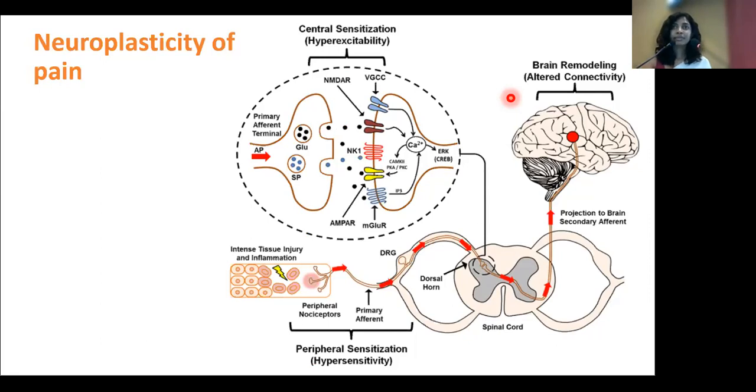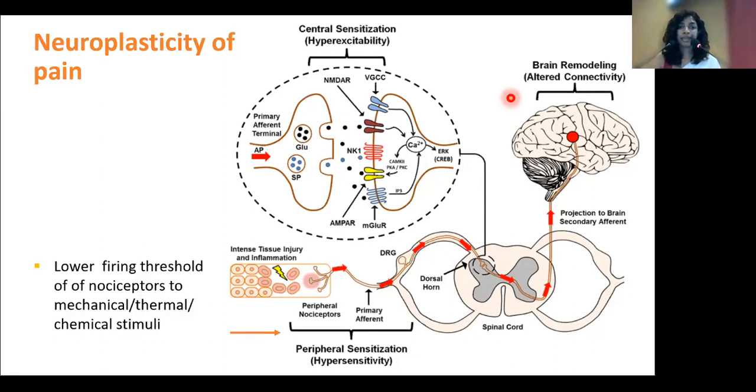And through multiple studies, it has been found that there is neuroplasticity that happens with pain. For example, at the level of the nociceptors, there is a lowering of the threshold of the nociceptors, so that stimuli at a lower threshold will elicit an action potential.